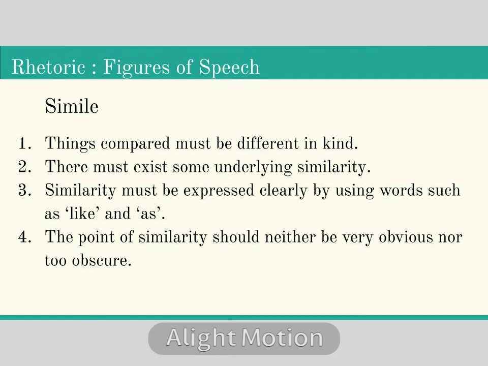The second thing is that though these two elements would be different, there should be some certain kind of underlying similarity between them, and this existence of similarity should provide us with a point for the comparison that drives the figure of simile.